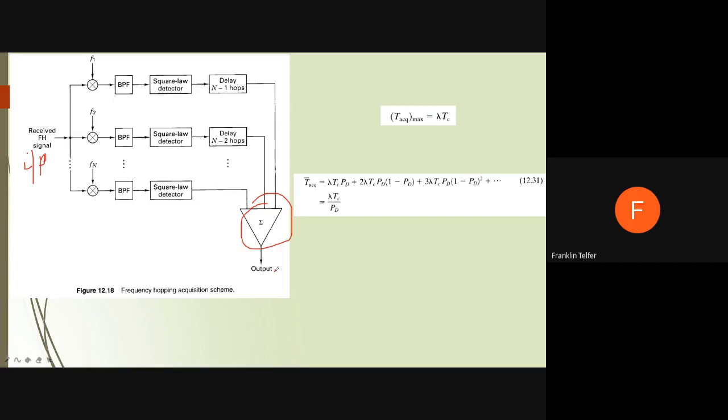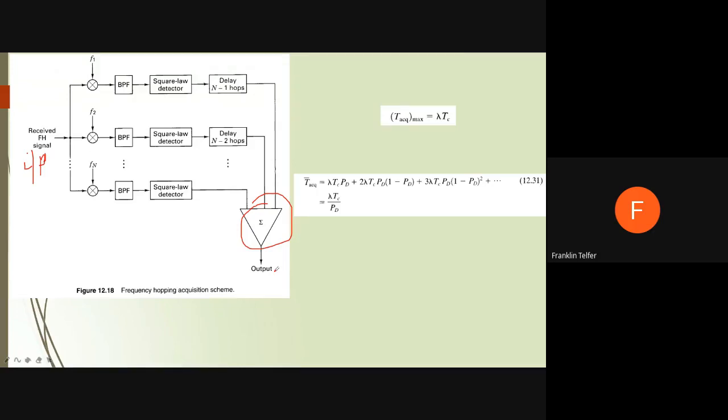So if the hopped sequence, for example F1, F2 up to Fn, delays are installed in the matched filter, the correct frequency hopping appears at the system at the larger output. What happens on the block diagram is that we have n hopped frequencies F1, F2, Fn, given to a bandpass filter.